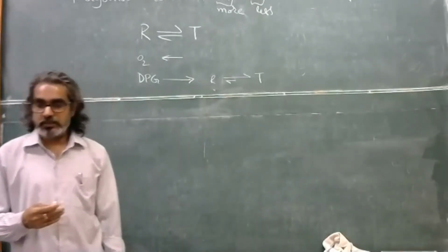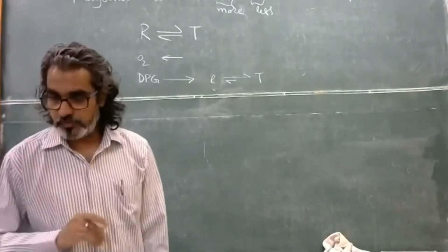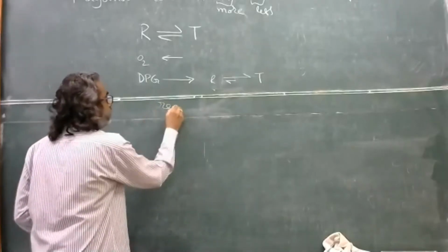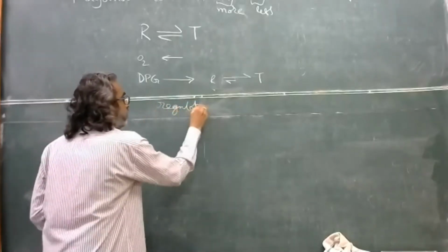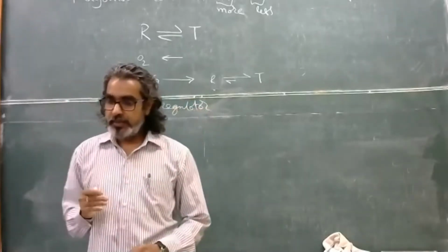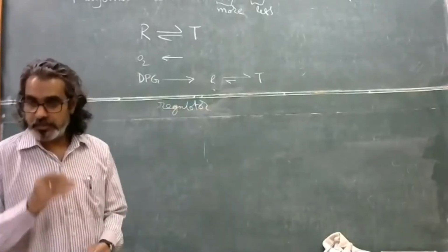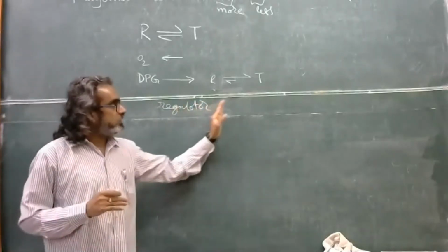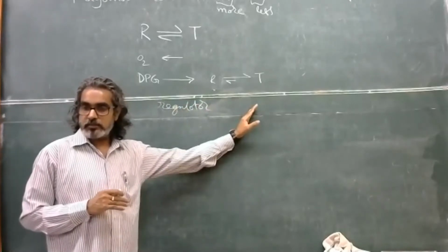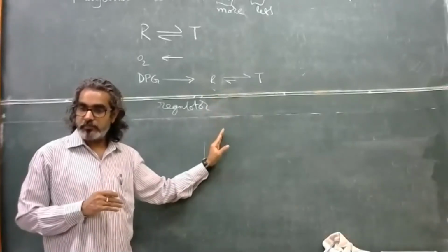So DPG is an inhibitor, or you can call it a regulator, which by binding to a non-ligand binding site shifts the equilibrium to tense, so that now less R is available and there is less oxygen binding.